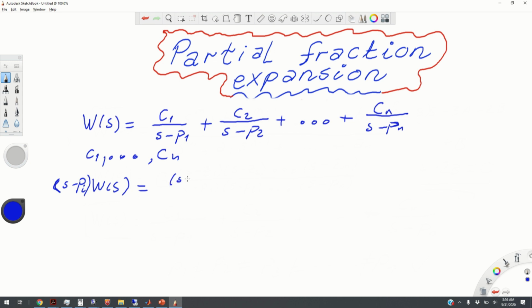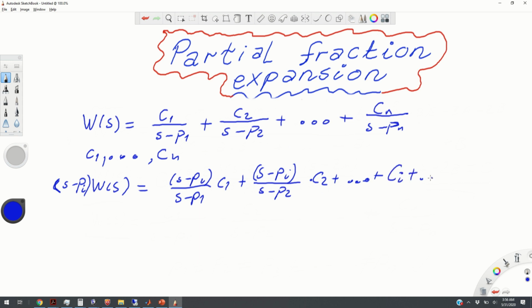We get s minus pi over s minus p1 multiplying c1, plus s minus pi over s minus p2 multiplying c2, plus a term where s minus pi in the numerator and s minus pi in the denominator cancel each other, and you get ci, plus s minus pi over s minus pn multiplying cn.